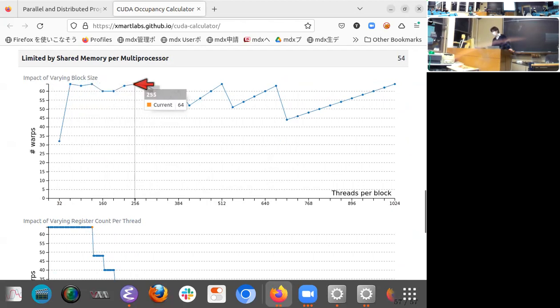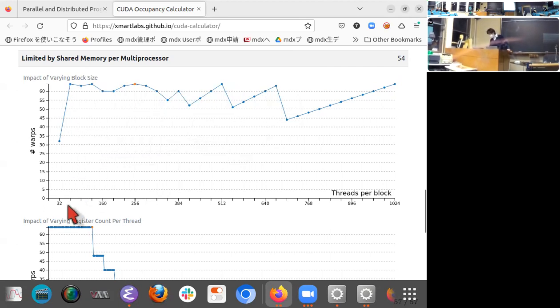This is a hardware limitation. And you observe this interesting zigzag pattern that stems from the fact that some thread block sizes, or equivalently some numbers of warps per block, do not divide 64 without remainder.